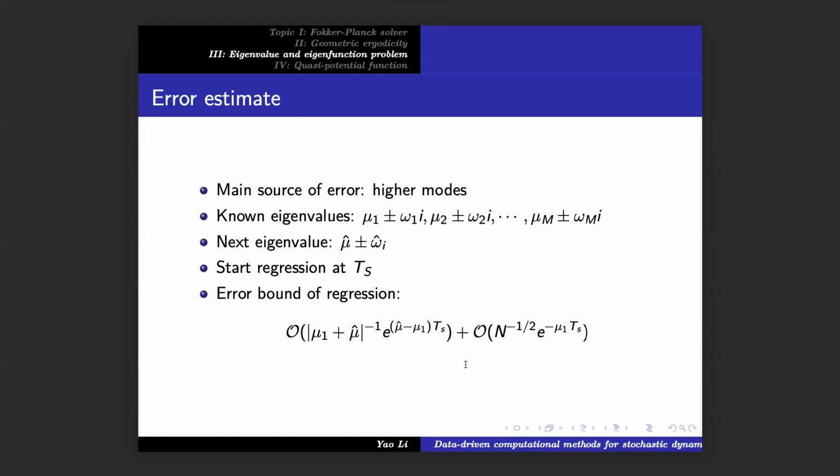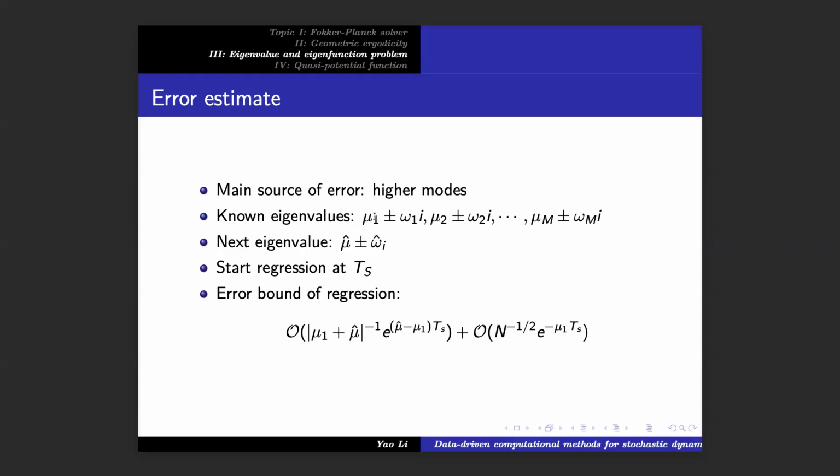And then let's say that I start my regression at some time t_s. If t_s is longer, then there is some advantage, but on the other hand, you don't want t_s to be too long. Then you can have some error bound for this regression. So remember that all of those mu are negative numbers.